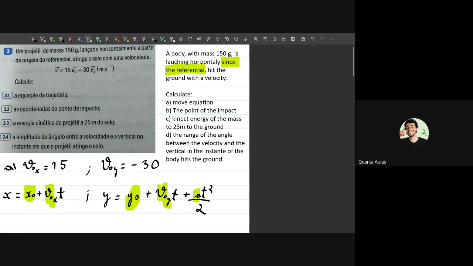The referential is the position 0,0: 0 for x, 0 for y, okay?